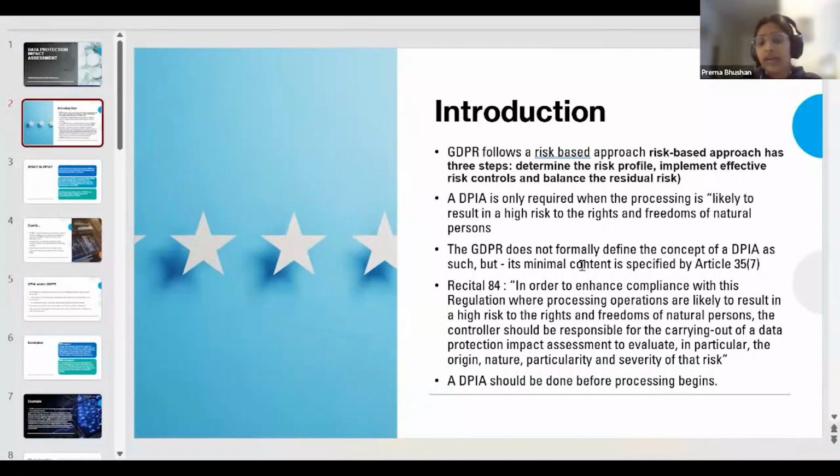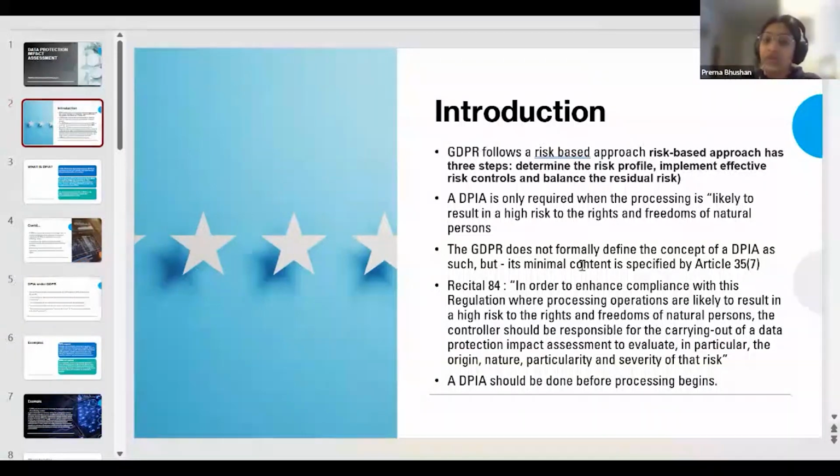So the controller carries out a data protection impact assessment to evaluate in particular the origin, nature, particularity and severity of the risk. So what is the origin of the risk? What is the nature of the risk? When we say particularity, we also talk about what is the characteristic of that risk and how severe it is.